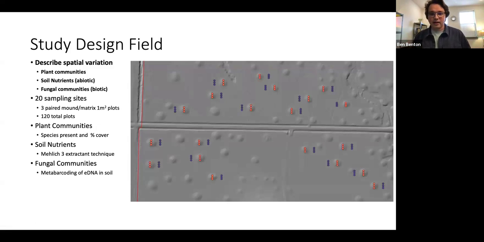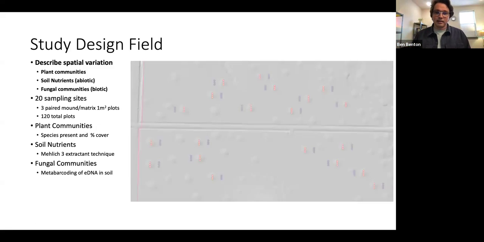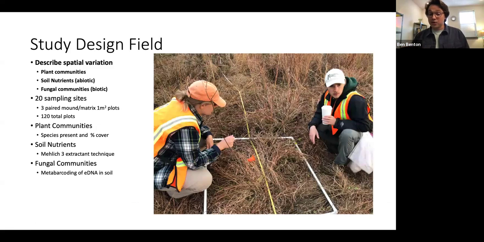This is a map of my sites. Each one of these dots represents a 1 meter plot where I collected data on the plant communities. Me and my lab mates recorded the plant species that were there and their relative abundance.